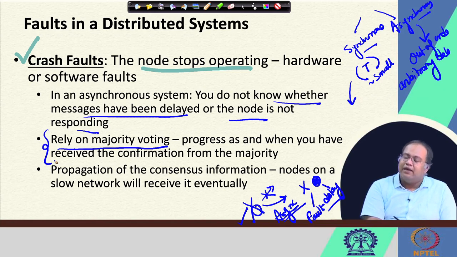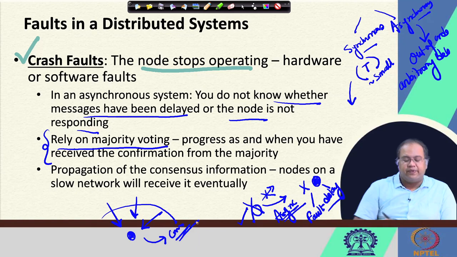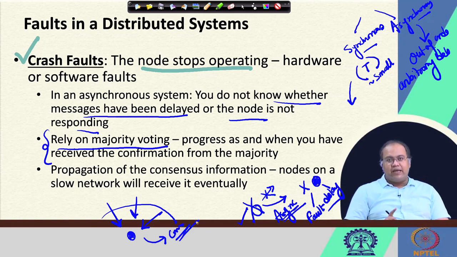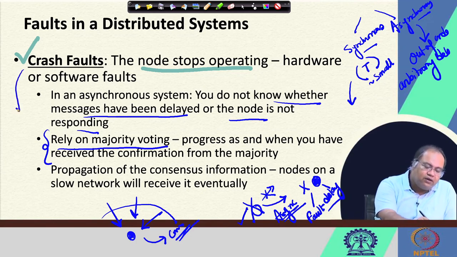Basically, to reach a consensus, every node waits for the votes from other nodes, and once you receive a certain number of votes, you can say that we have reached a consensus and this is the value corresponding to the consensus. But remember one thing: in the context of crash fault, the only thing that can happen is that you are not receiving a message.